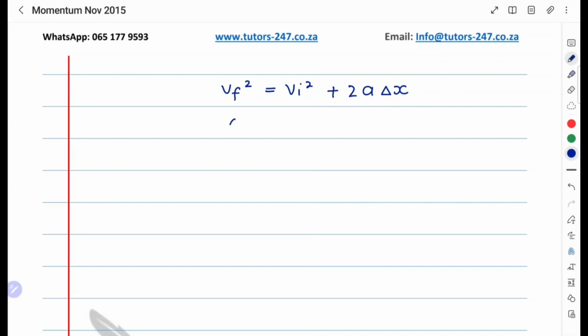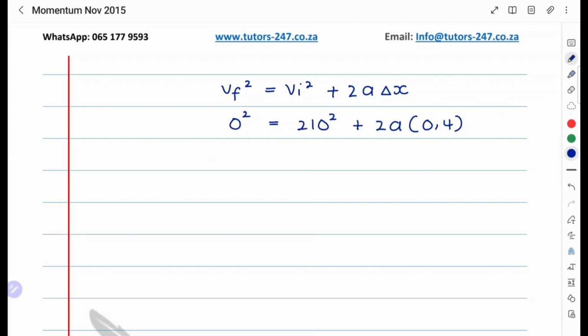So we know the final velocity of this bullet was 0 meters per second. The initial velocity of the bullet was 210 meters per second. The acceleration is unknown, and the displacement is 0.4 meters. From here, we can square 210, and that gives us 44,100.